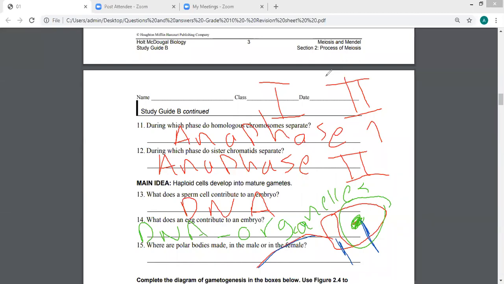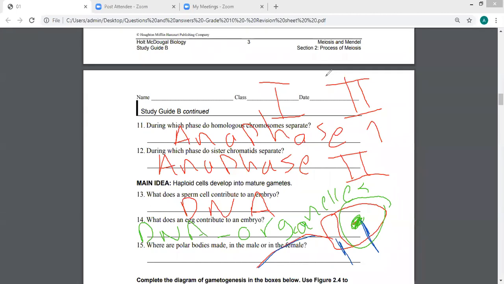Who didn't understand this part? Okay, all of you understand it. So I will repeat it for the last time.